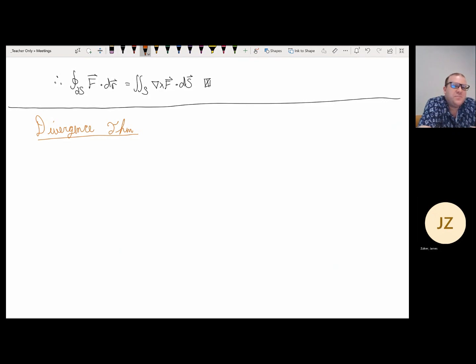Divergence theorem. Possibly my favorite of the three.